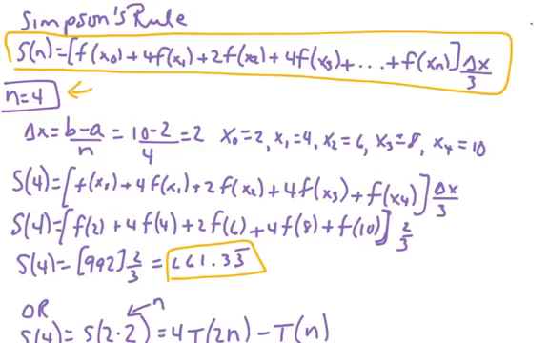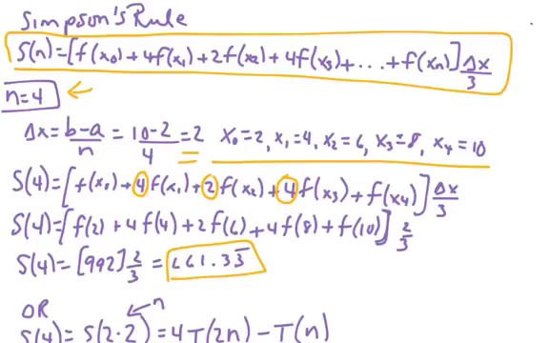And then you just find your delta x, which is 2 when n equals 4, and then you've got your x sub k values, and substitute into the formula f of x0 plus 4 f of x1 plus 2 f of x2 plus 4 f of x3 plus your last is just f of x4.